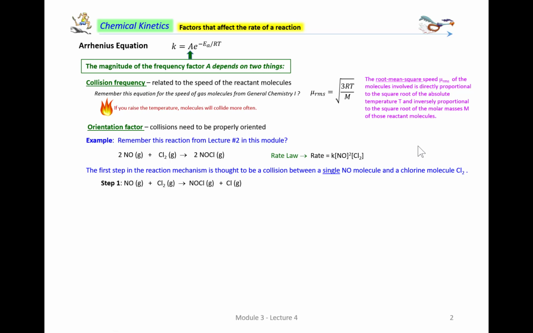And you might also recall from earlier lectures that we have a reaction mechanism box that we haven't talked much about, but it's thought that the first step of this reaction is actually a direct collision between a single NO molecule and a single molecule of chlorine to form one NOCl and a chlorine atom.